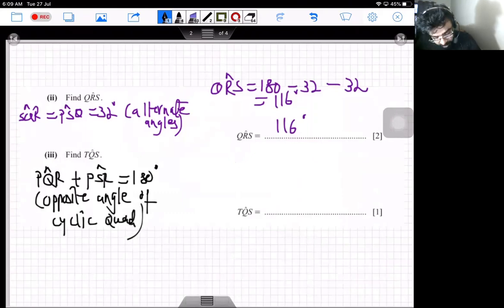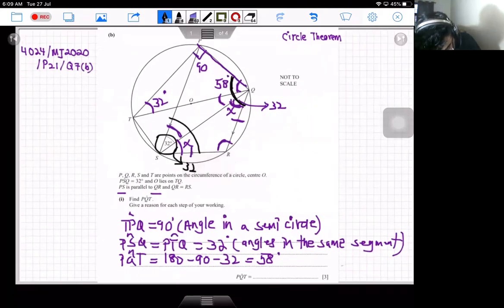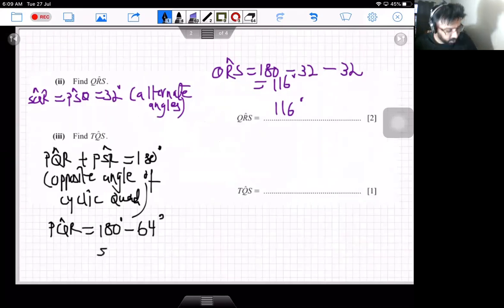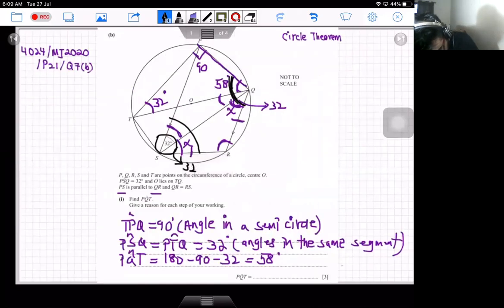This angle PSR is 32 plus 32, which is 64. So angle PQR is supposed to be 180 minus 64, which is 116 degrees.